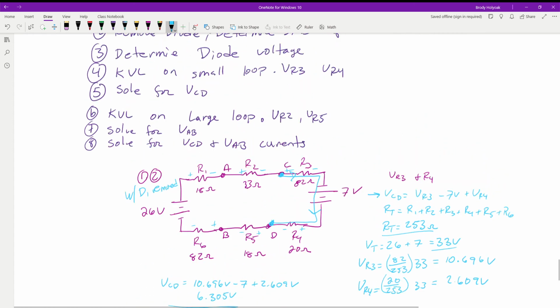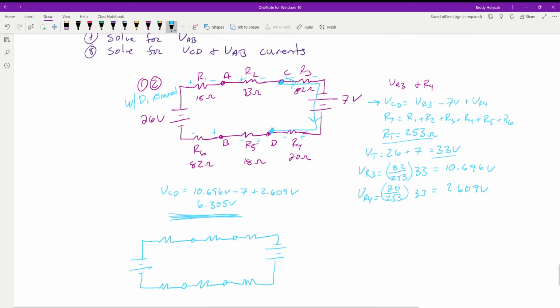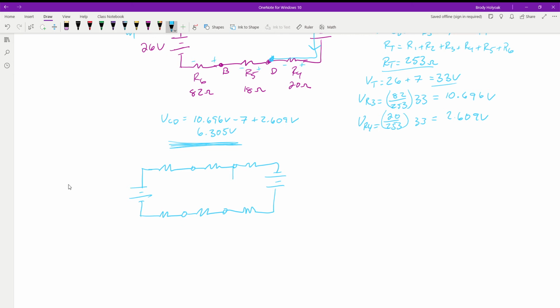So now we go back and we're going to put our diode back in. And looking from this point, we have from C to D, that means the positive is going down here because we came up positive. This is 6.305 volts for our biasing, which means that we have positive voltage getting applied to this part of the diode right here.